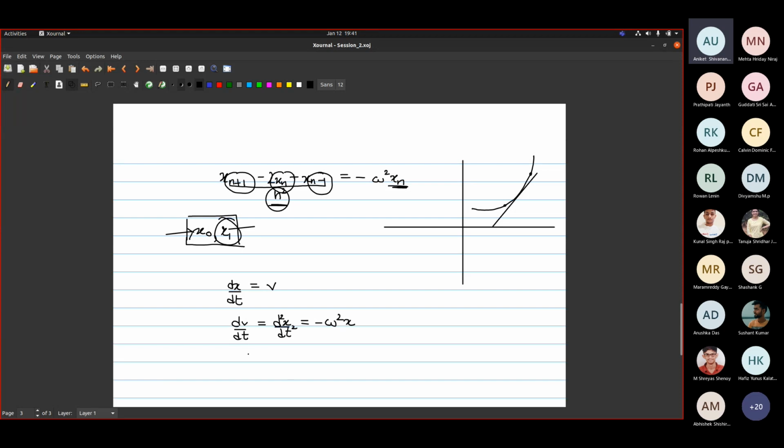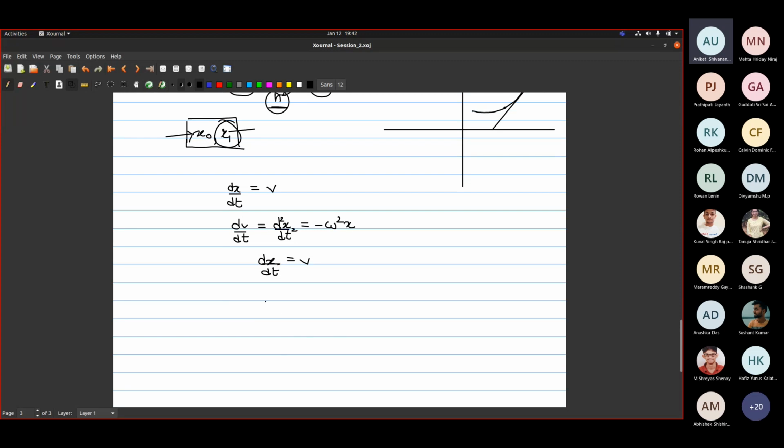So if I take these two equations, dx over dt equals v, and dv over dt equals minus omega squared x.